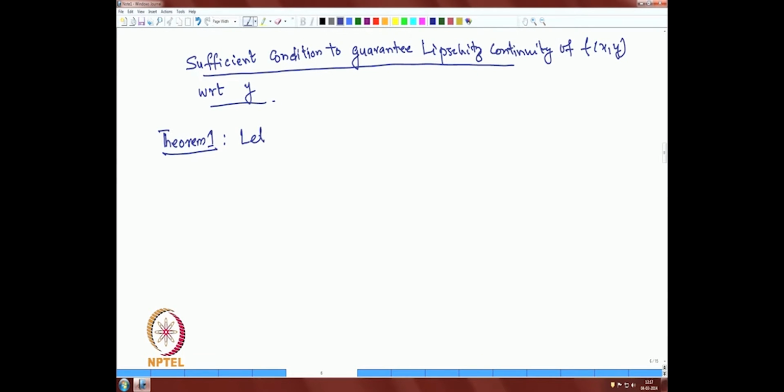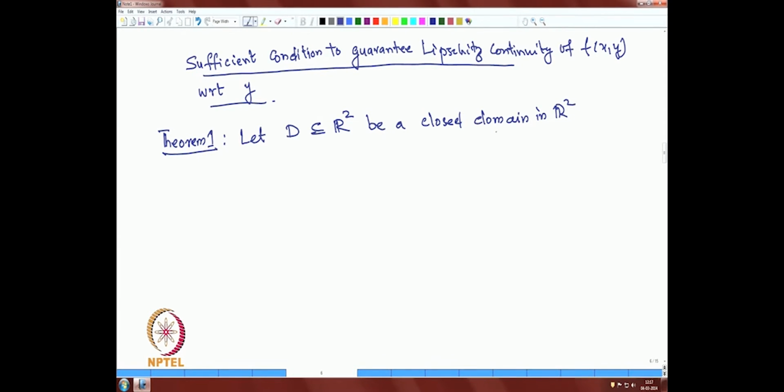Let D be a closed domain in R2. A domain is a connected set, an open connected set which is also closed.